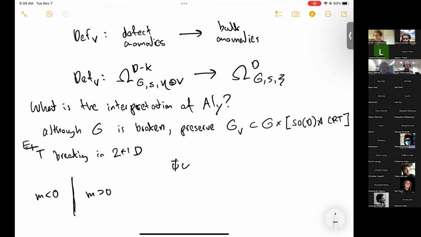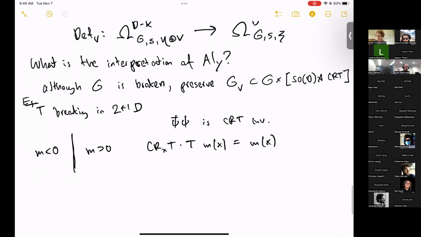And well, you may worry, okay, CRT also contains time reversal, but the mass term, right, psi bar psi, is Lorentz invariant. So in particular, it's CRT invariant. So if you look at CRT, so reflecting in the x direction, it's also CRXT times T applied to m of x, you get the same profile again. And if you look at what it does on the fermion, the same thing.